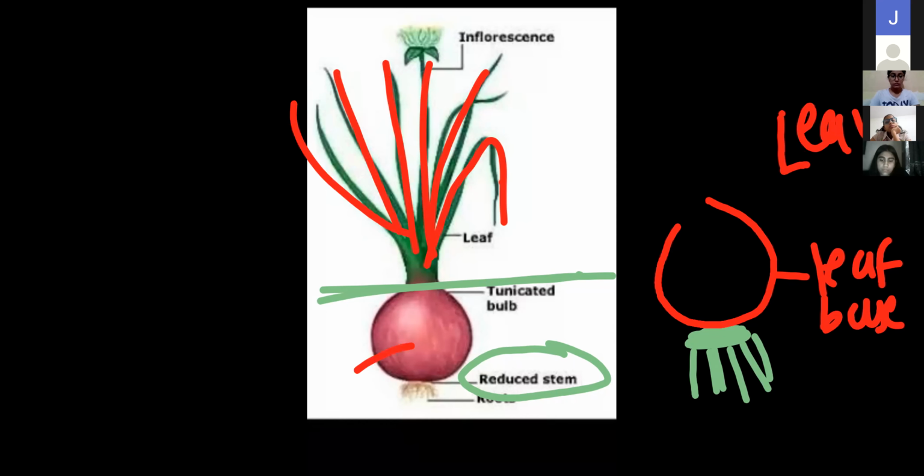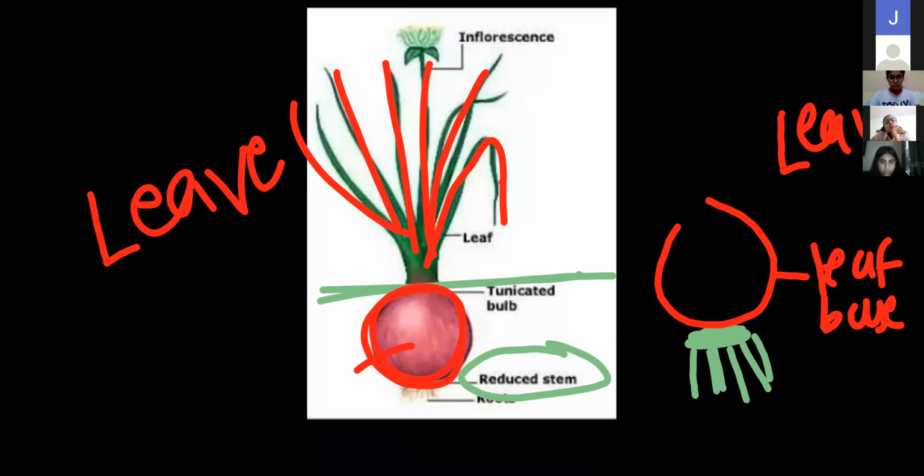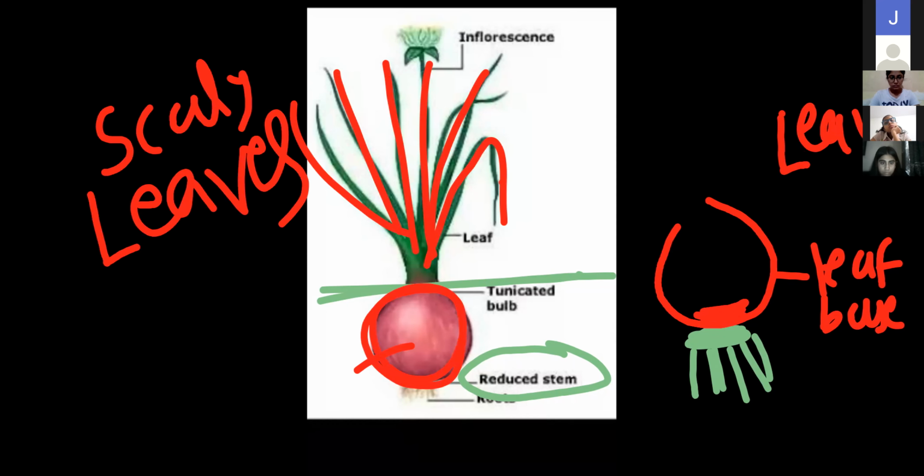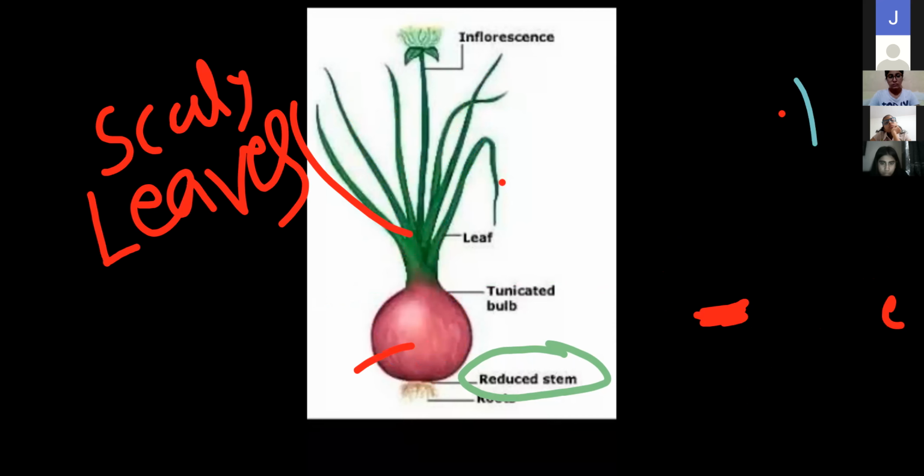The upper one we call the leaf. Next, this part in which the leaves are there are scaly leaves. Here is the node, and here is the leaf base. With the leaf base there is an axillary bud, and that bud has the scaly leaves. So onion, simply understand the structure: leaf base is a part of the leaf where the scaly leaves are present.